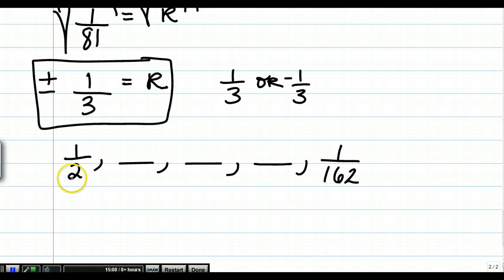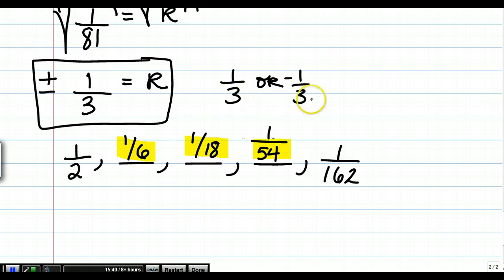So 1/2 times, let's start with the positive 1/3, is going to be 1/6. 1/6 times 1/3 is 1/18. 1/18 times 1/3 is 1 over 54. And 1 over 54 times 1/3 is 1 over 162. So these are your first answers.